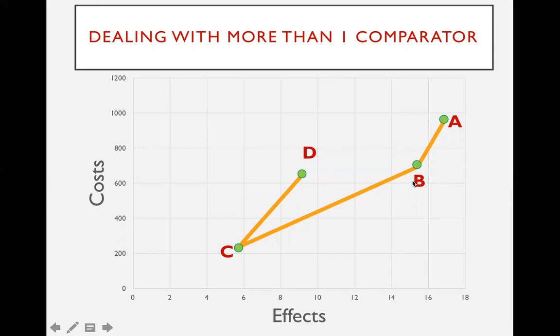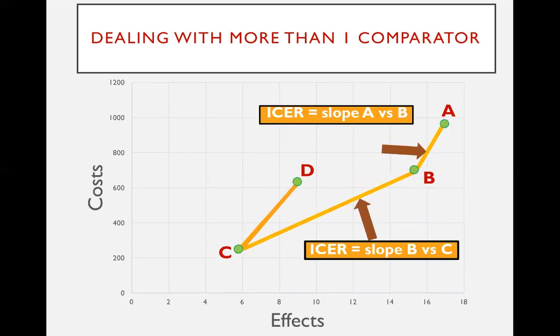What we are doing is actually revealing the ICER. The slope between treatment B versus C, for example, is actually the ICER for treatment B and treatment C. The ICER for treatment A and treatment B, on the other hand, is depicted in this slope.